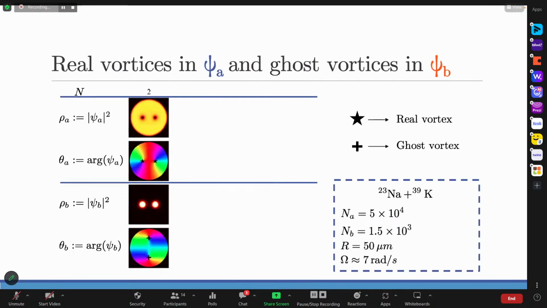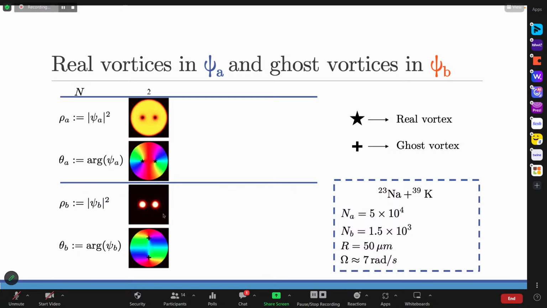So what we did was to start solving these coupled Gross-Pitaevskii equations in a suitable rotating frame. And what we found were configurations of this kind. The first row corresponds to Psi-A square modulus. The second row corresponds to the phase of Psi-A.